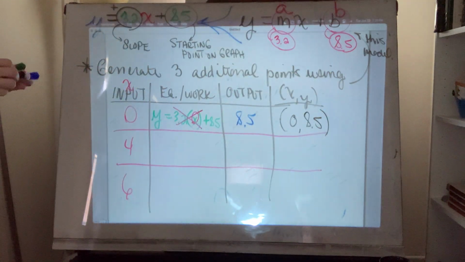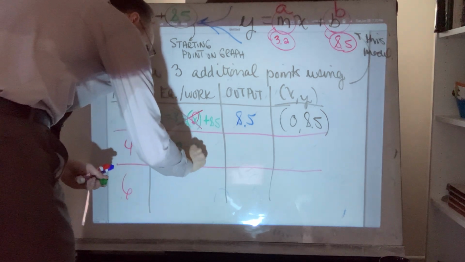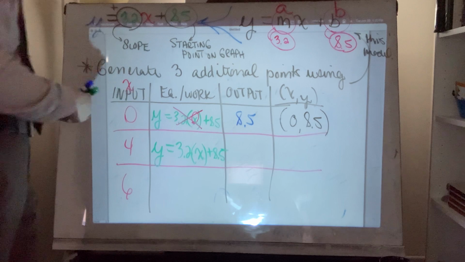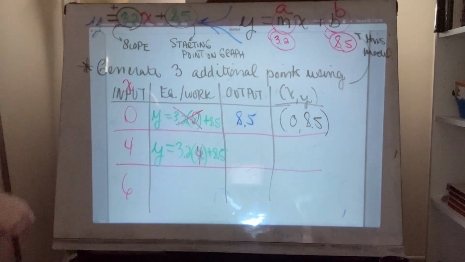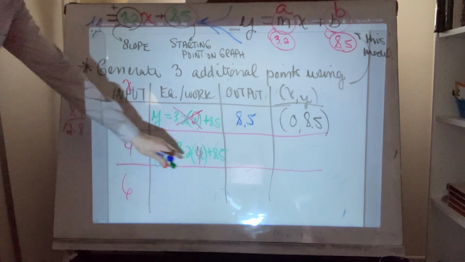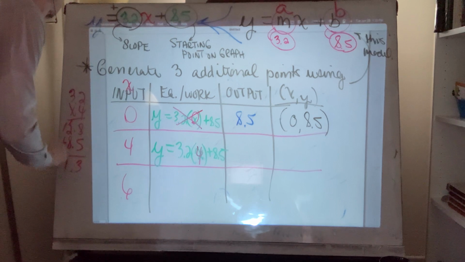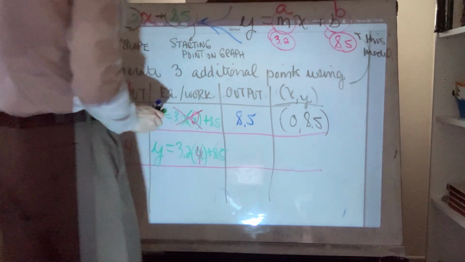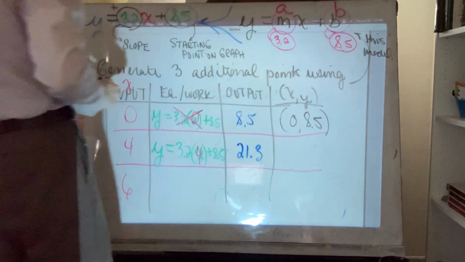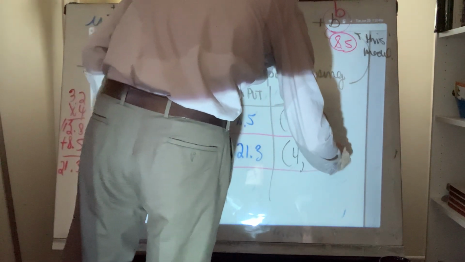That's reasonable. If I did the same calculation now using x is 4, then I would substitute a 4 in here, and 3.2 times 4 is 12.8. 12.8 added to 8.5 is 21.3, which together is therefore at the location of 4, 21.3.